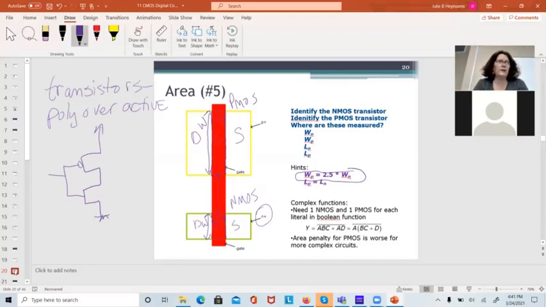We always use 2.5. You can get by with a little bit less. And that's because the holes move slower than electrons, because they're all bound to the atoms. So to match the speed between the two devices, we have to make the W of the PMOS transistors bigger.